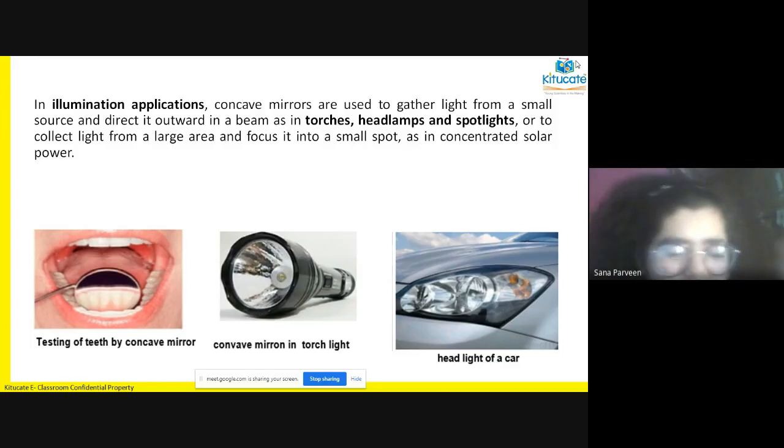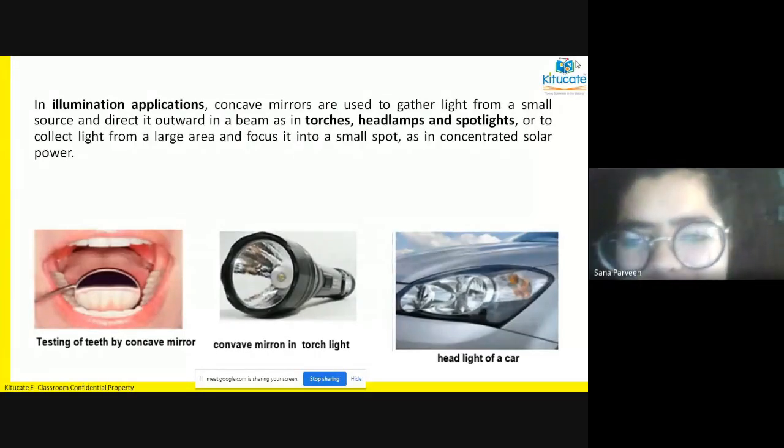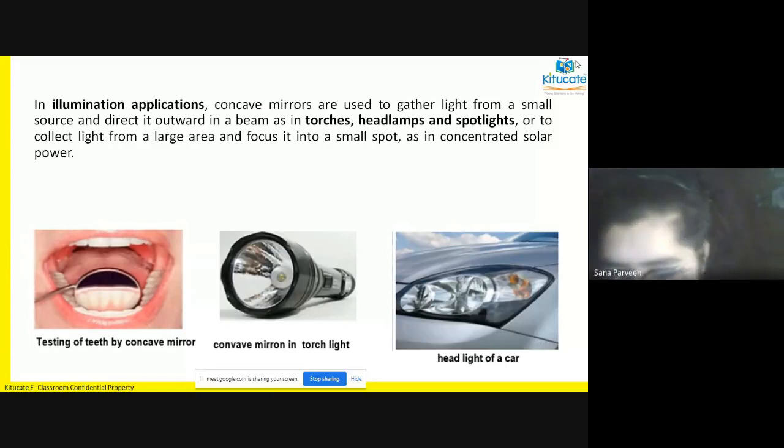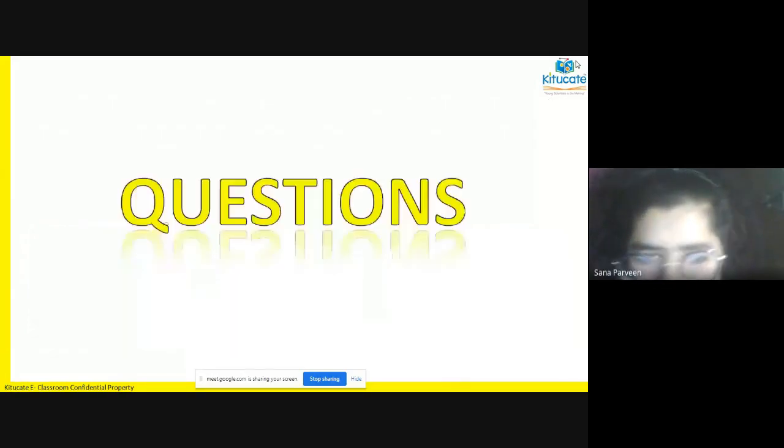So in total, when you want an enlarged view, enlarged illumination application, we use concave mirrors. Torches and headlights.